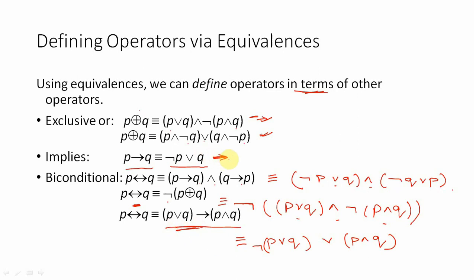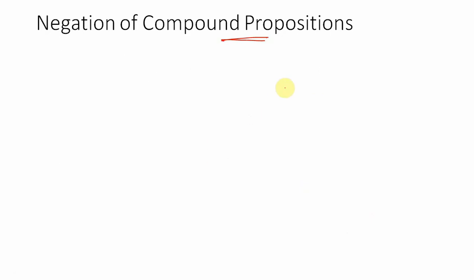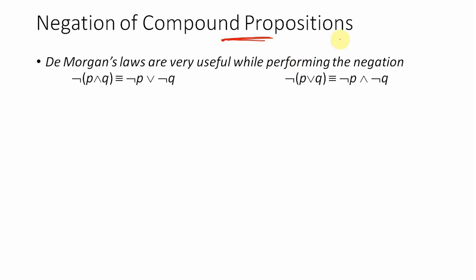Now this becomes important when we are talking about negation of compound propositions. Now there are certain rules to be followed for negation of compound propositions. The first rule is that De Morgan's laws are very important while performing the negation. Once again, to recap, the De Morgan's laws are: negation of P and Q is equivalent to negation of P or negation of Q. Negation of P or Q is equivalent to negation of P and negation of Q.